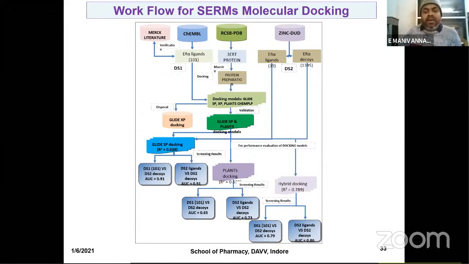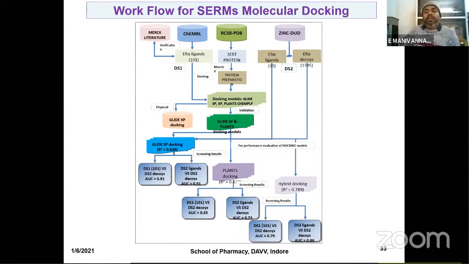The PLANTS docking also shows similar results, with an R squared value of 0.638, and the PLANTS ROC AUC values are slightly less than Glide SP. So this shows that Glide SP gives better ligand recognition than PLANTS docking.